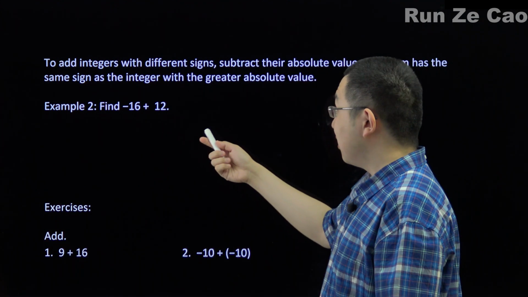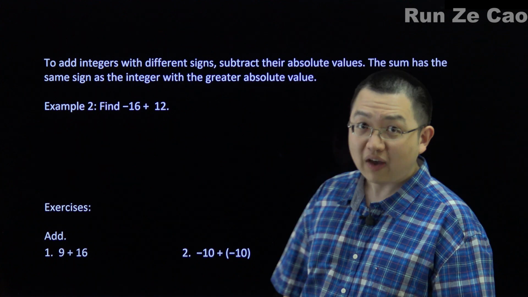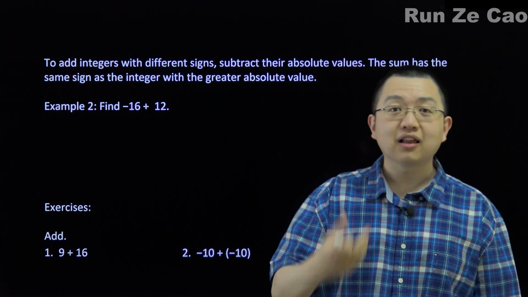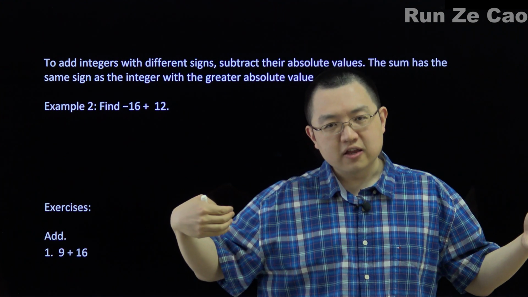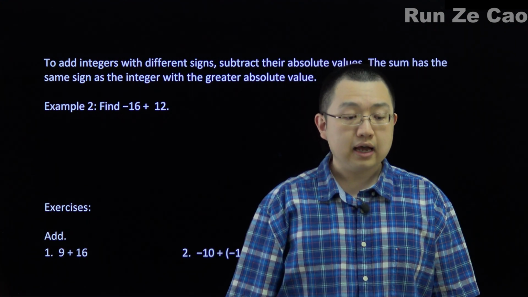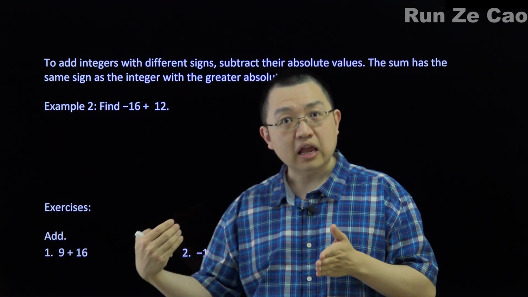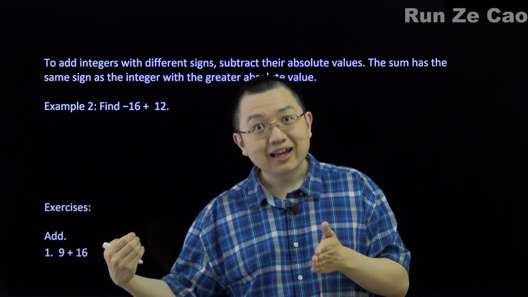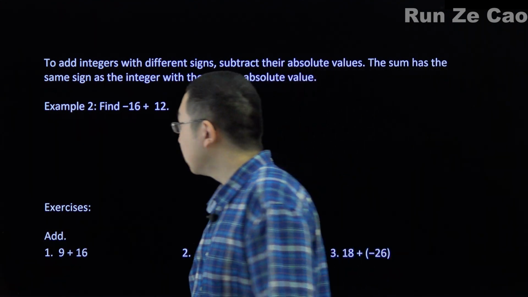And then the sign is the integer with the greater absolute value, because that's the one that has something left. Like if you have +15, and then plus -7, the -7 cancels out 7 out of the 15. But the other 8 are still around. So you still end up with +8.